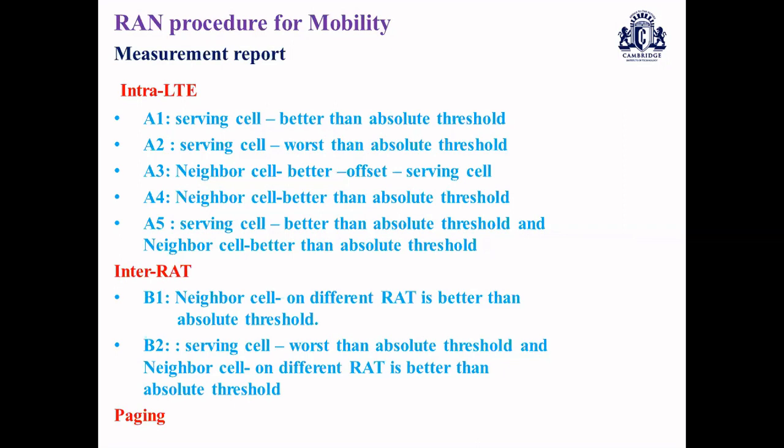Paging information is carried on the physical downlink shared channel in the physical implementation. In relation to the paging occasion, the user entity is configured to decode the PDCCH, which is CRC, cyclic redundancy check, scrambled by the paging radio network temporary identifier, P-RNTI, and then decode the corresponding shared channel PDSCH.